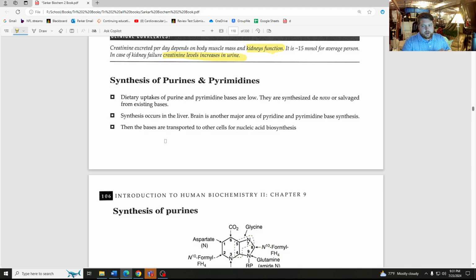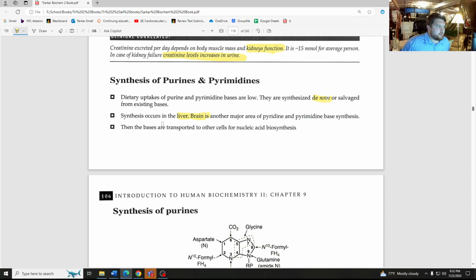Now, next part, synthesis of purines and pyrimidines. The dietary uptake of purine and pyrimidine bases is low. They are synthesized de novo, which just means synthesized from scratch, anew, or they are salvaged from existing bases. The synthesis of the purines and pyrimidines occurs in the liver as well as the brain.